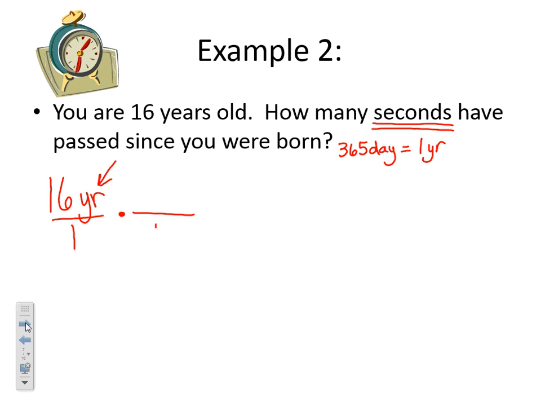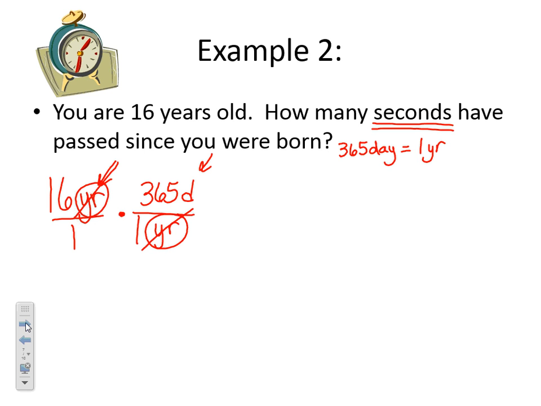Now I'm going to put years on the bottom because, again, I have years in the numerator to start, and I want that to cancel out or simplify away because I want my end answer to just have seconds in it. So I'm going to write the fact that there are 365 days in 1 year. That is a fancy form of 1. By doing so, the units simplify away, and the only units I see now are days.